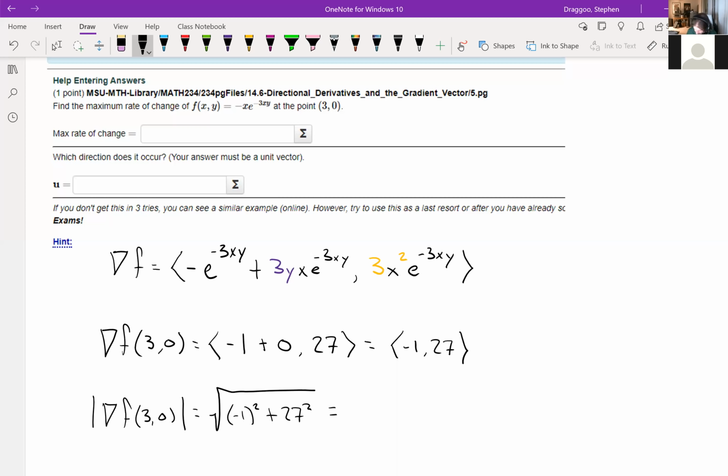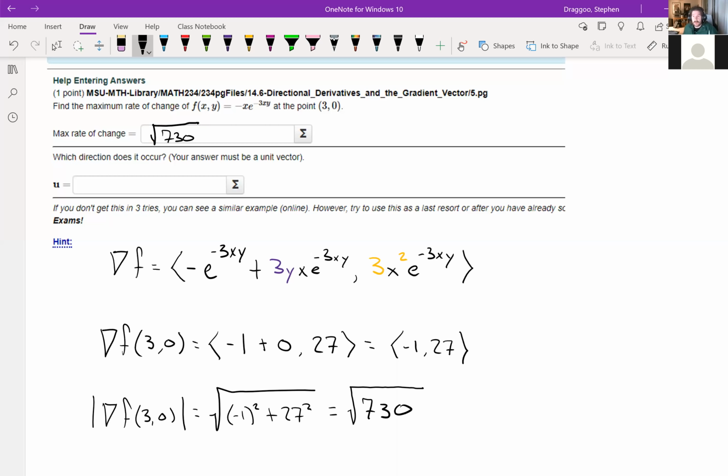And hopefully my math worked out right on this one. 27 squared should be 729. Yeah. Plus 1 is going to be 730. And now this is kind of a fill in the blank question. I've got all the math I need. The maximum rate of change is that value I just calculated, root 730.